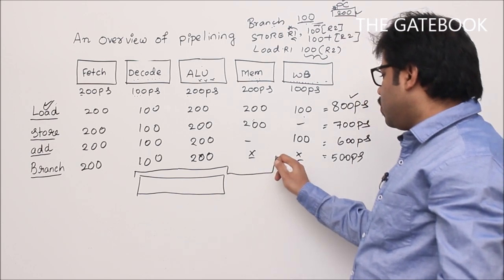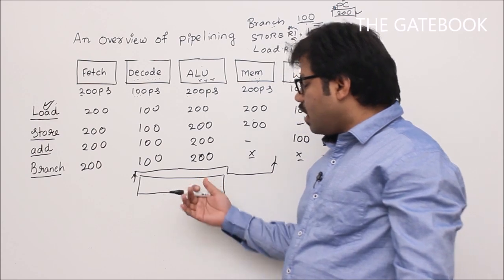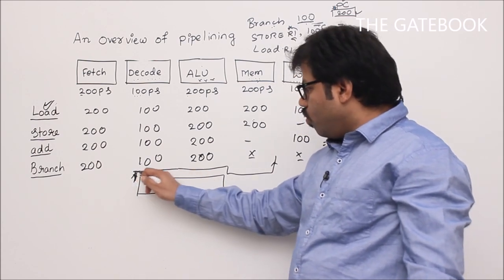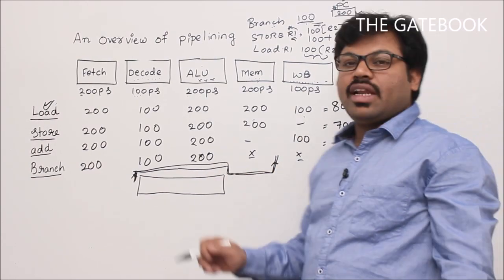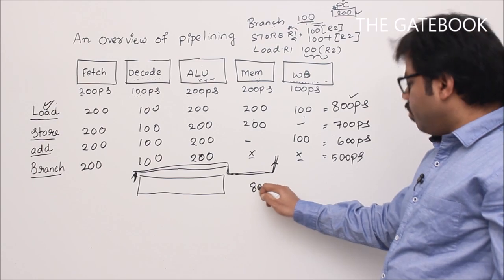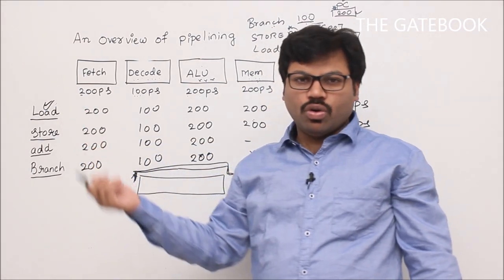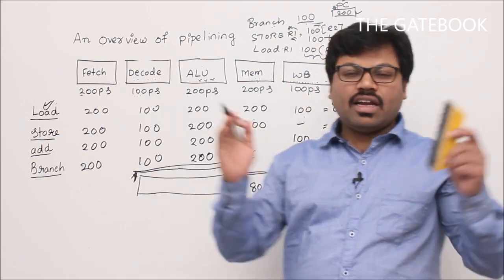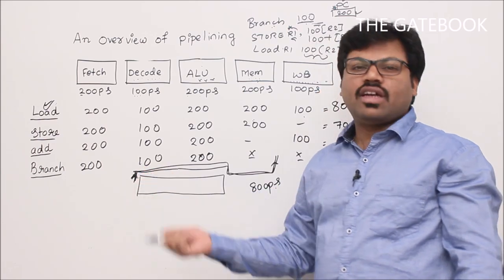That is the general assumption, and people design like that. Then what should be the length of the clock cycle? It should definitely be 800 picoseconds, because sometimes your instruction may be a load, which requires 800 duration. That's why we can fix the clock cycle at 800 picoseconds.